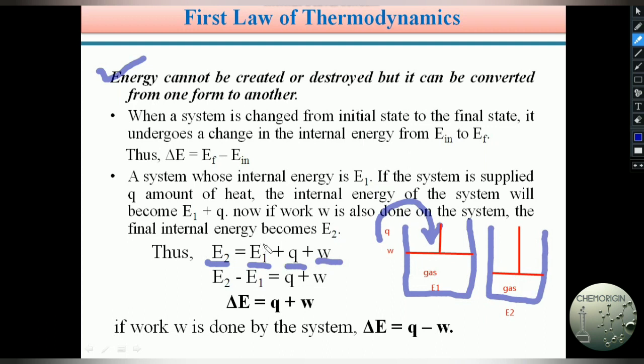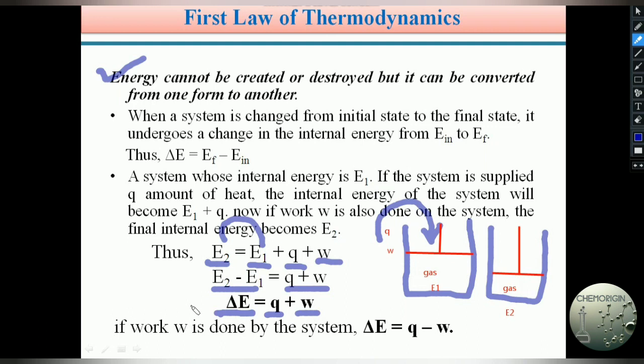If we take E1 from the right side to the left-hand side, then E2 minus E1 equals Q plus W. We know E2 minus E1 is nothing but delta E. Delta E means the change in internal energy is equal to Q plus W, where Q is heat given to the system and W is work done on the system.